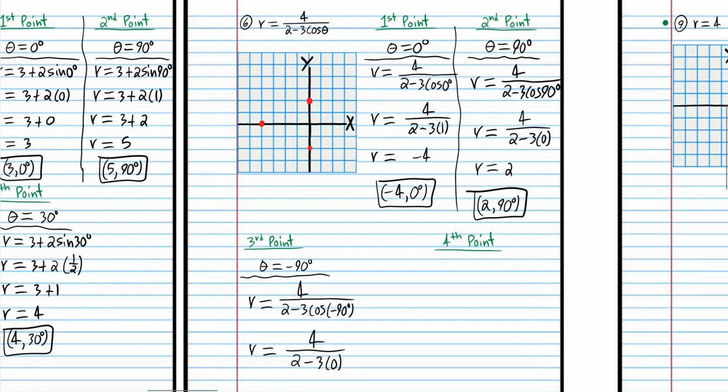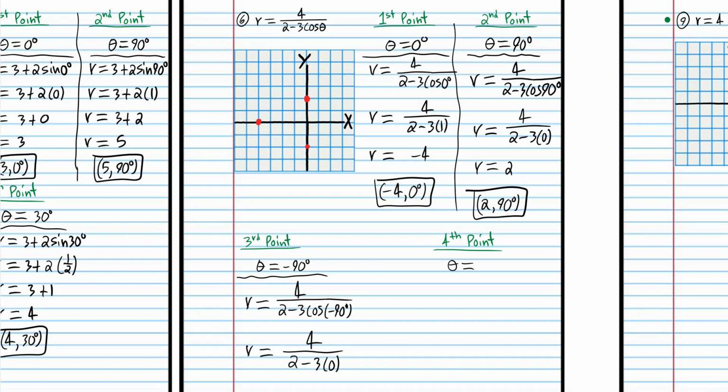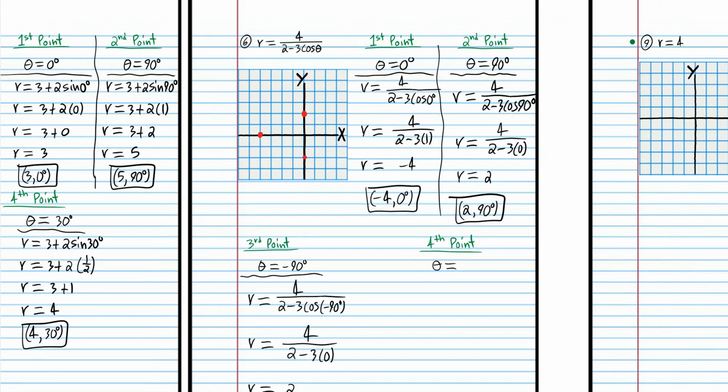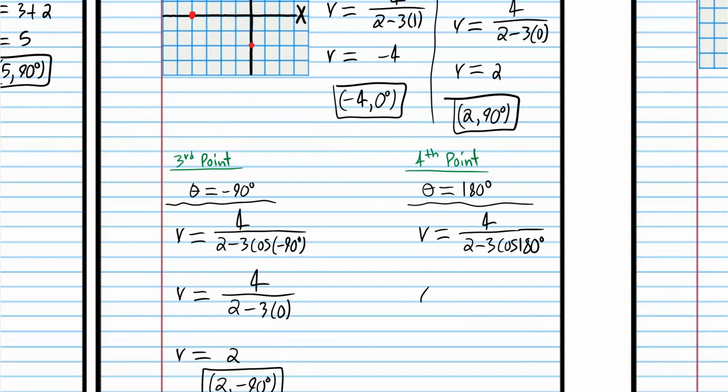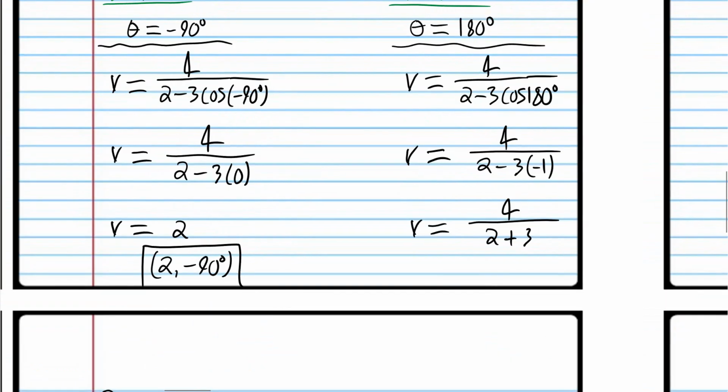So now, what should we choose for theta? I'm going to choose 180 degrees. I don't know if that's going to be the best point, but all we have to do is find 3 distinct points on the graph. So cosine 180 degrees is negative 1. So we have 4 over 2 plus 3, which is 4/5.